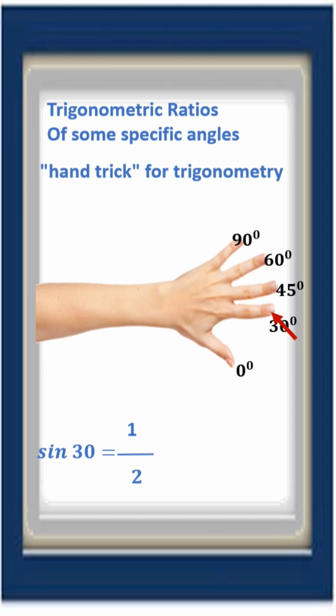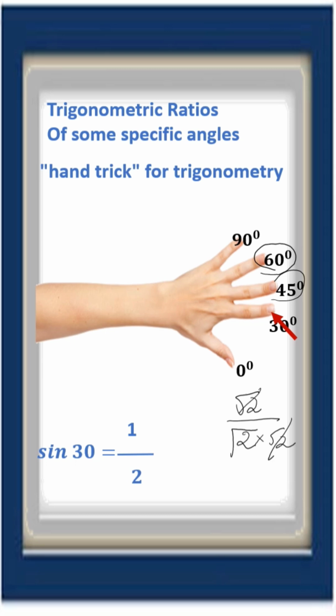Similarly, you can find sine 60, sine 45, anything. Now let us find the value of sine 45. How many fingers are there below 45? 2. So square root of 2 divided by 2. Split 2 in the denominator as square root of 2 into square root of 2.